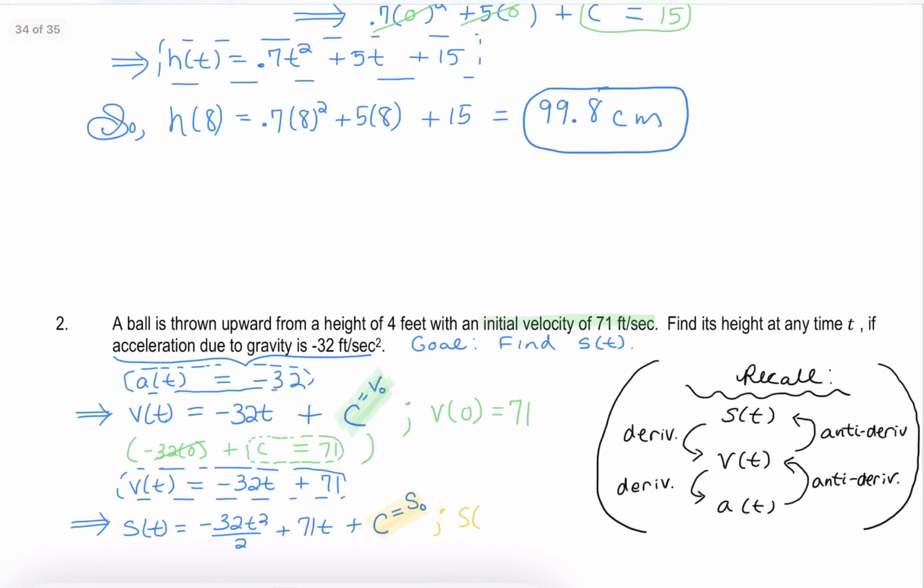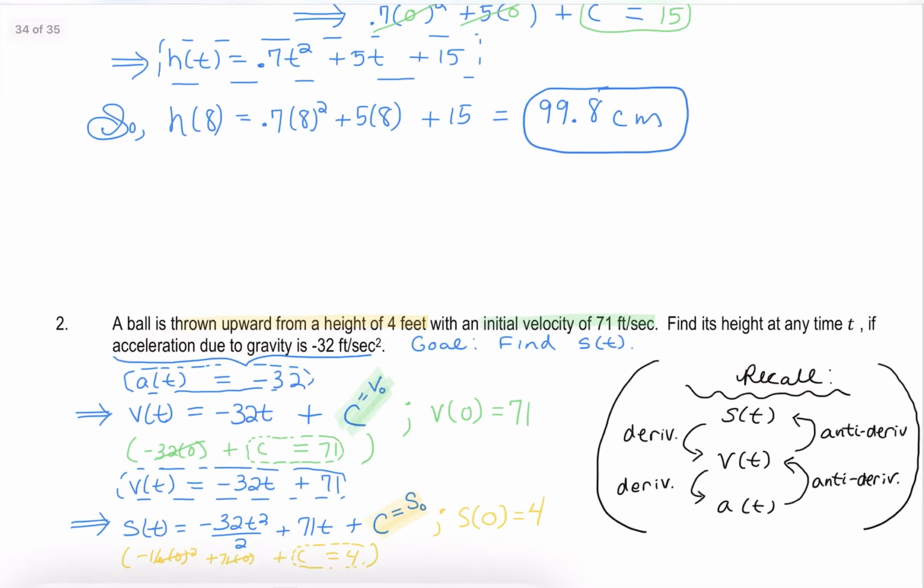Well, here's what we know. It was thrown from a height of 4 feet. So that is its initial height. So s of 0 equals 4. Again, I'll put this work in parentheses, but certainly if you take negative 16 times 0 squared plus 71 times 0 plus your arbitrary constant and set that equal to 4, obviously your c here is going to be 4.